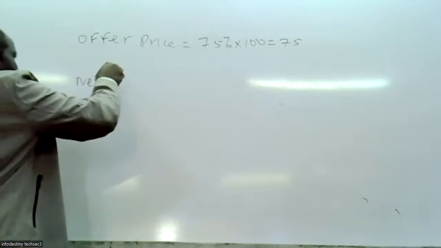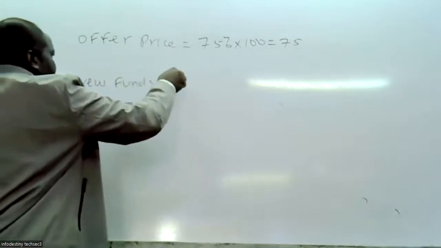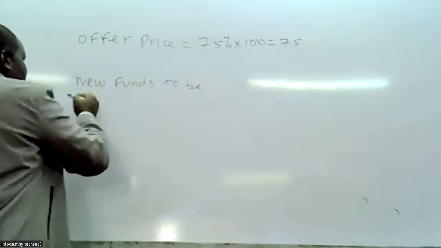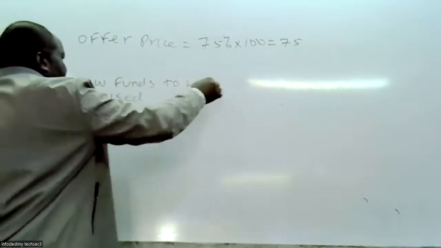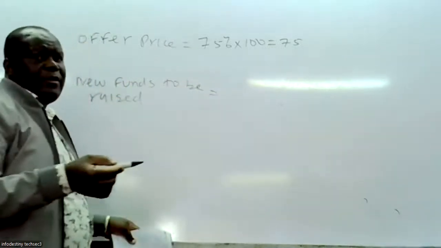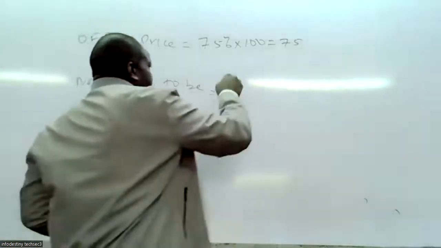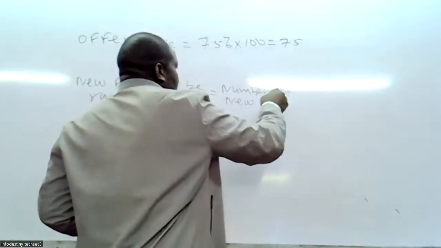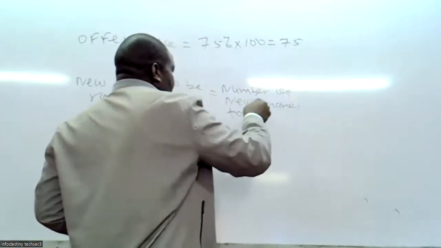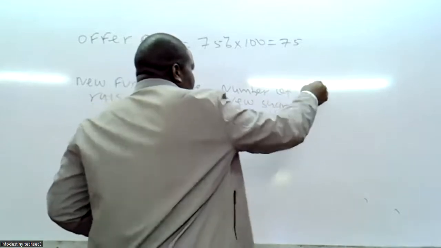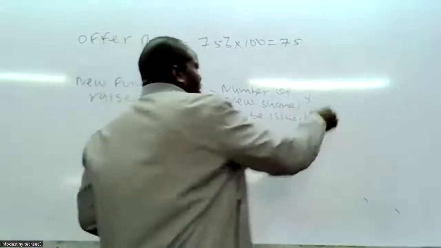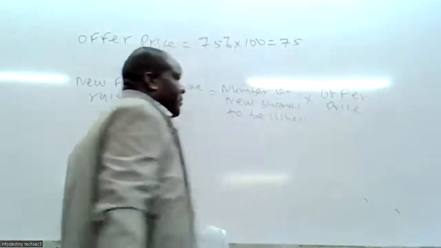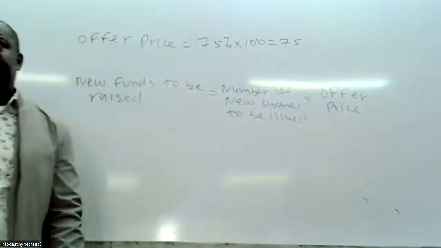Then in the notes, I gave you a formula that the new funds to be raised is given by the number of the new shares to be issued, multiplied by the offer price.